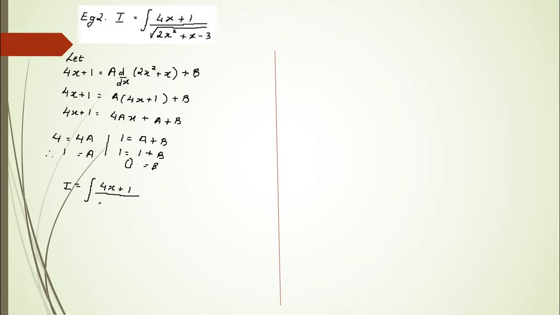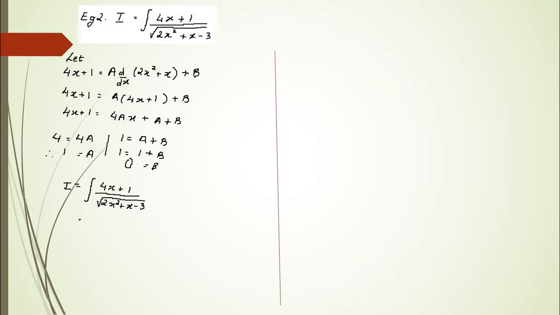Divided by root of 2x square plus x minus 3, right? So now I know that d by dx of 2x square plus x minus 3 is 4x plus 1.